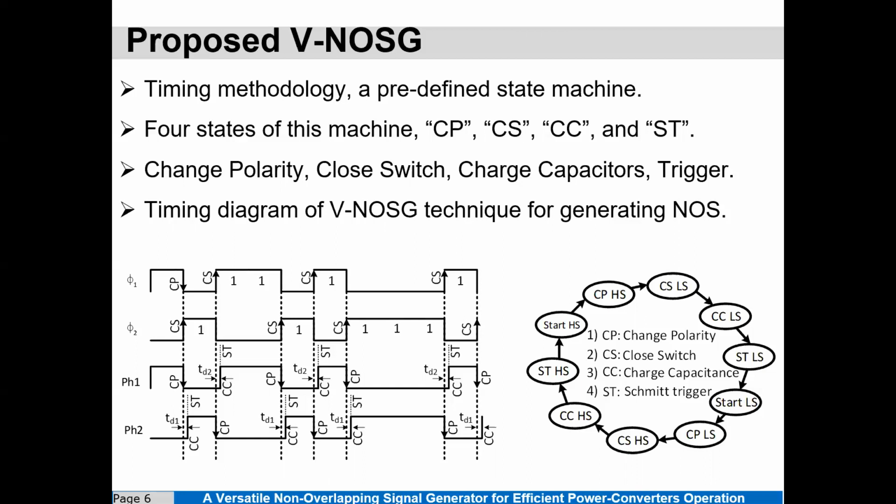The four states of this machine are CP, CS, CC, and ST, which are acronyms of change polarity, close switch, charge capacitors, and Schmitt triggers, respectively. The left figure shows four curves tagged by TD1, TD2, and different working states.